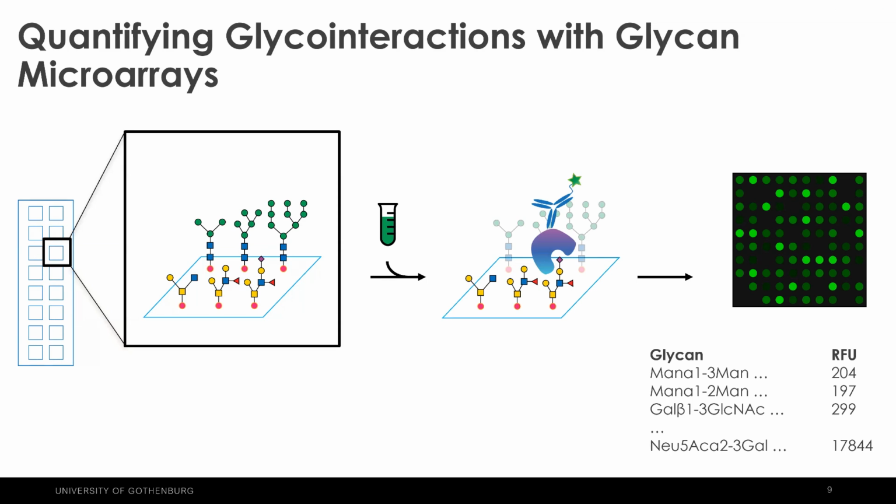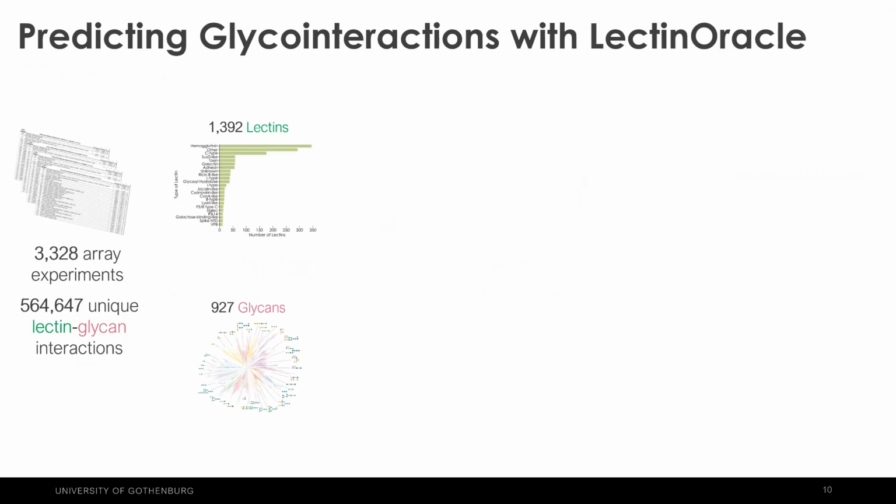Since you know where each glycan sits on that array, you can then link that information with the glycan sequence. So you get a relative fluorescence value for each glycan sequence and use that for analysis. And people have been doing that for a long time, of course, analyzing it via various means, very cool algorithms to find out what is actually the enriched binding motif in the bound glycans versus the non-bound glycans, etc. But we have sort of aggregated that information.